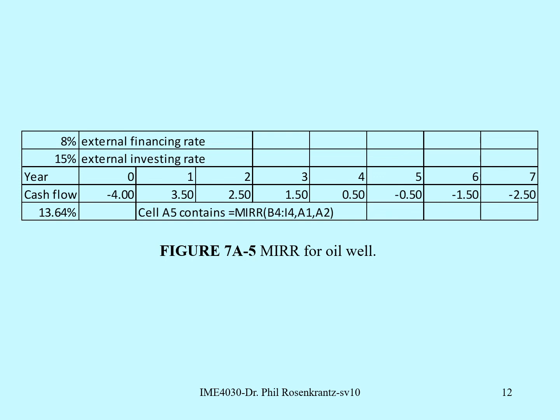So if you use the MIRR function in Excel and show the cash flows for year 0 through 7, that's the coordinates cell values B4 colon I4, and then the external financing rate is in cell A1 and the external investing rate is in cell A2, then the function gives us the answer, which is 13.64%, shown in cell A5.